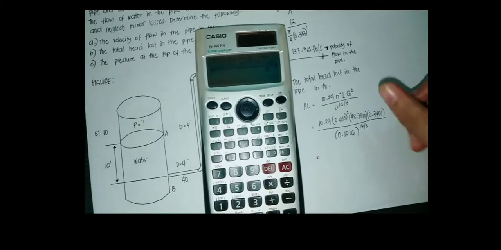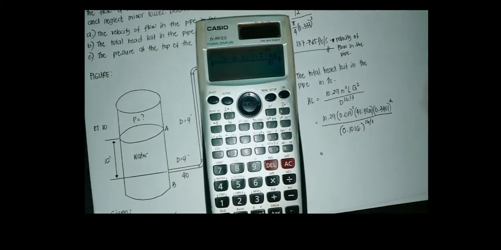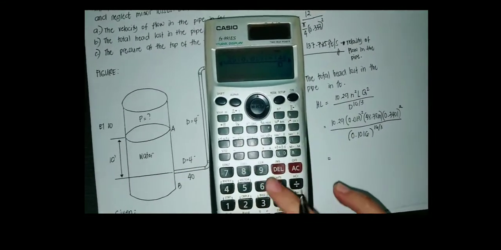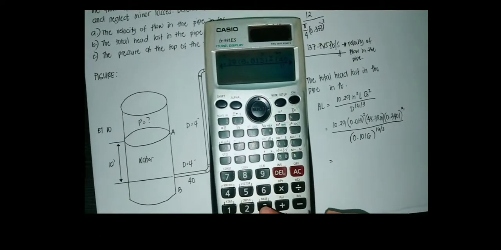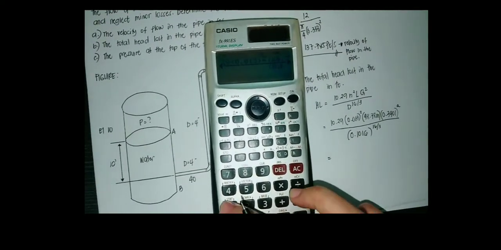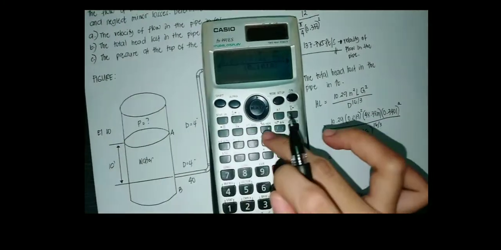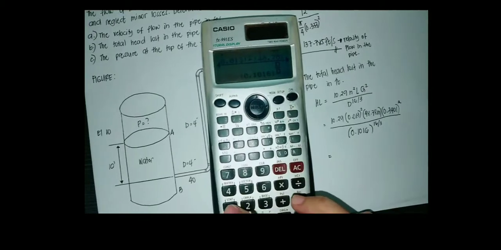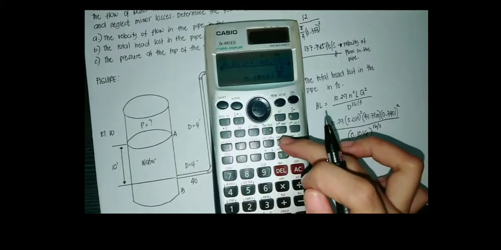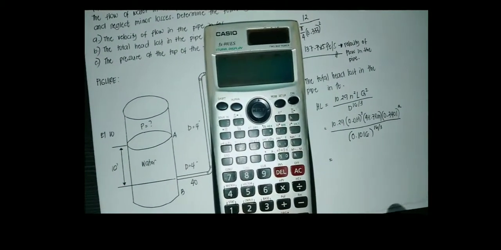Then it is squared, actually. Then at the bottom, 0.1016 raised to 16 over 3. So we compute.